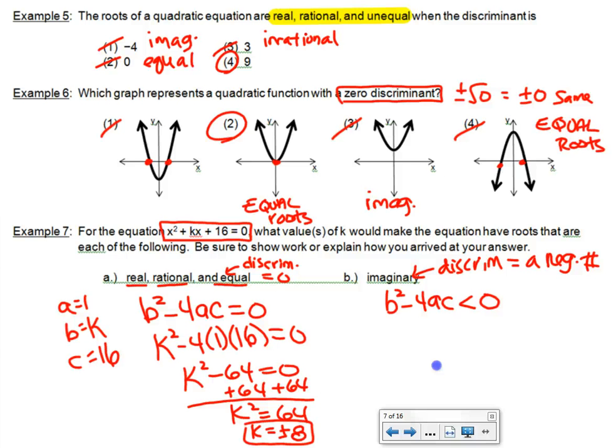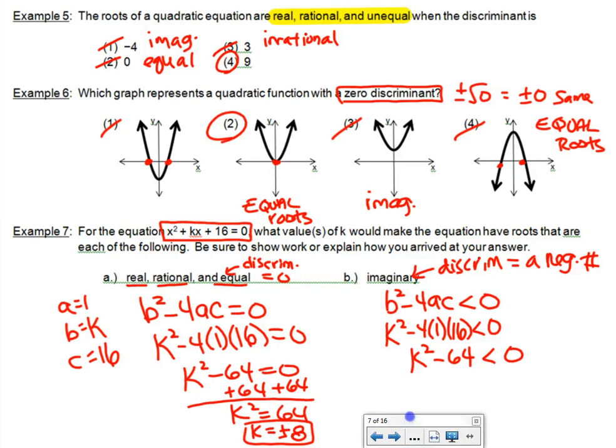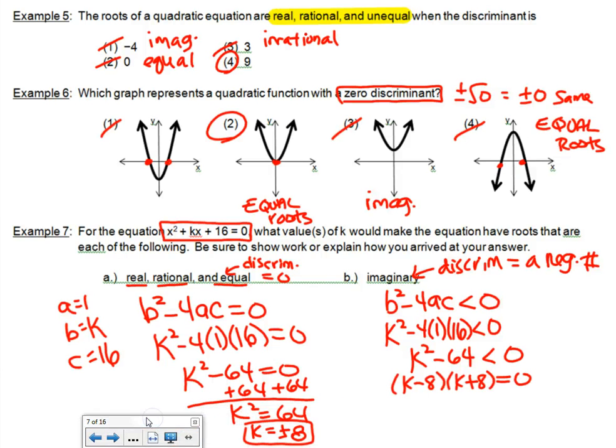So again, filling in my discriminant, okay, anytime we have an inequality, although you haven't been taught this, we are going to change it to an equal sign, solve it like we would an ordinary equal sign problem, put the numbers on the graph, and then do a test point.